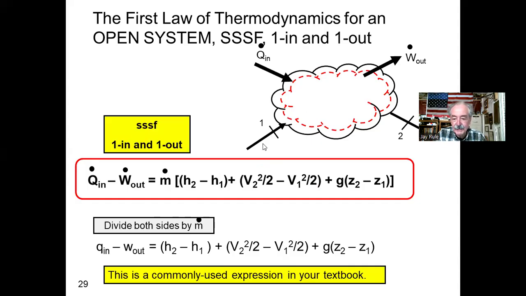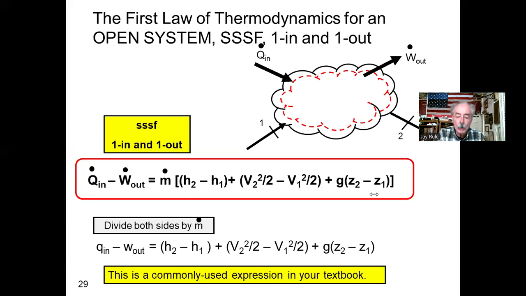There's only one single m dot. Then I'm going to group together my enthalpy change terms, my kinetic energy change terms, and my potential energy change terms. I can get that in my head. I don't know about you, but I've got it in my head, and I used it for years for steady state, steady flow, one inlet, one outlet. Didn't need to depend on a formula sheet.